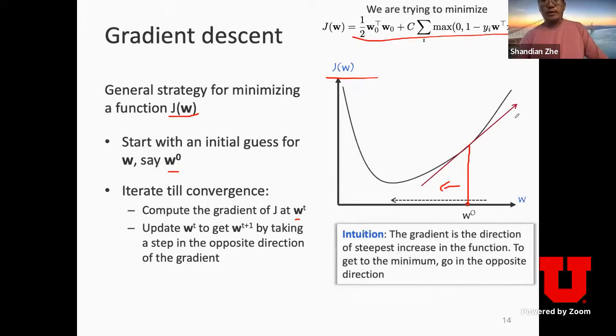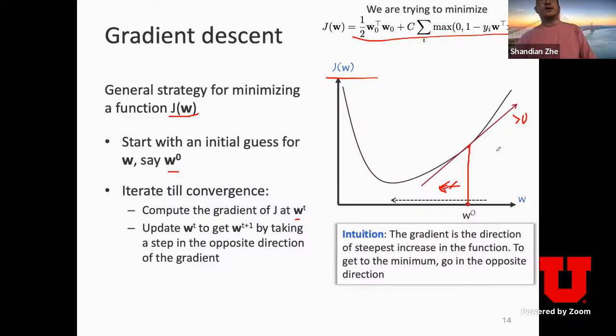You start from here, and the gradient is positive. Why is the gradient positive? Because the gradient is the slope of the tangent line at this position. Now we want to update the model parameters along the negative or opposite direction of the gradient. So you update your W toward the left, because you're going to decrease W0.